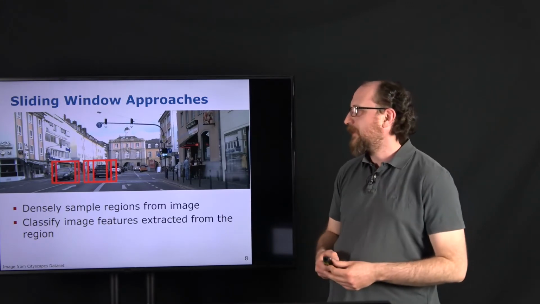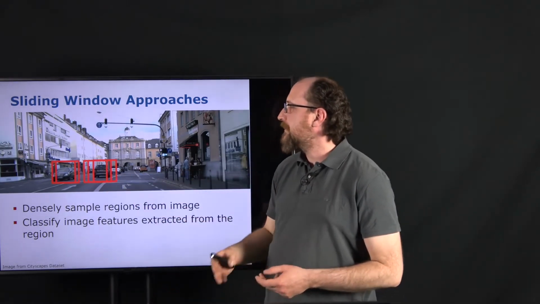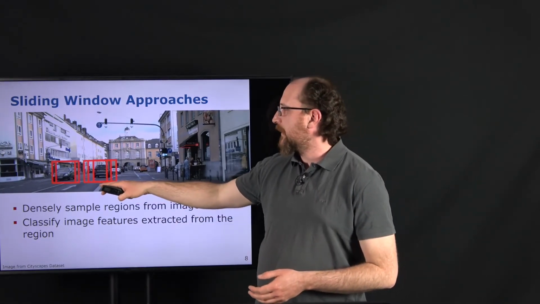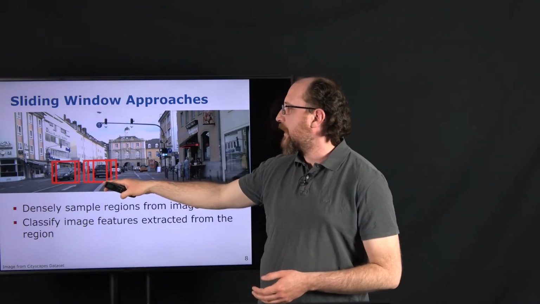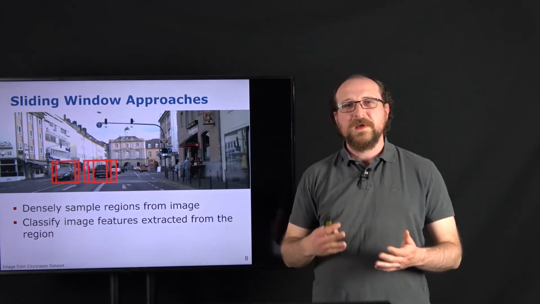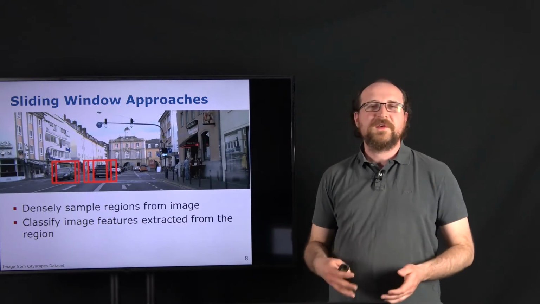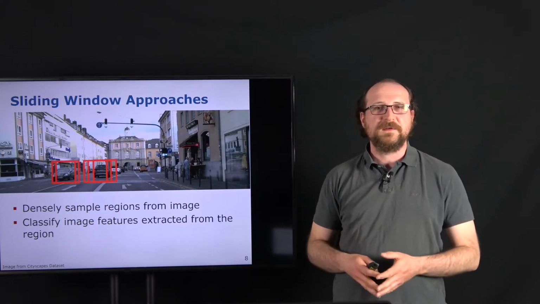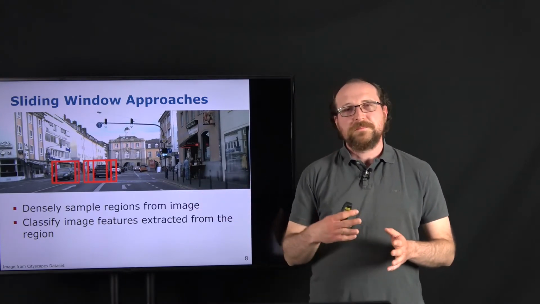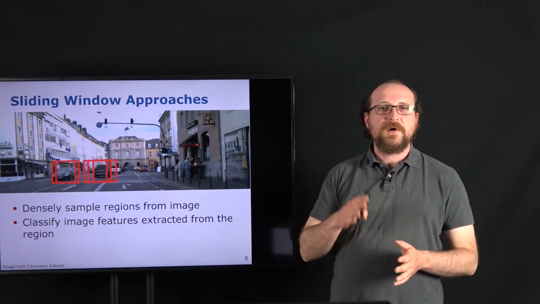But as you can see here, when we are applying the sliding window approach, we will get many overlapping regions. So when the detector is very sure that this region contains a car, it will maybe return 0.9, and then regions that also contain some part of the car will also return something. But in the end, we are interested in finding the distinct objects in the scene. And that means we want to keep the bounding boxes that are really on top of the object.